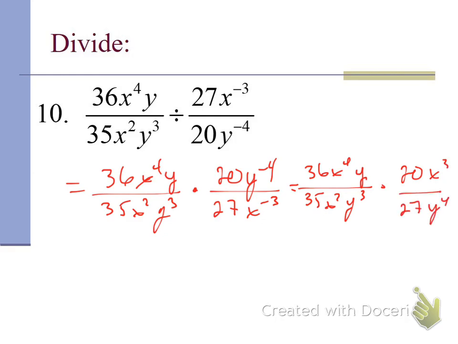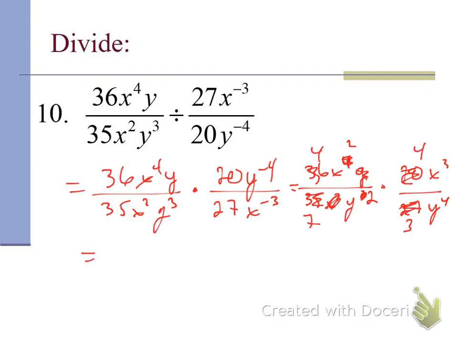And then we see that we've got 2 x's here and 4 here, so we go 2. We've got 1 y here, so this is going to reduce by 1. We can divide this by 5 and get 7 and 4. And by 9, we can get 3 and 4.